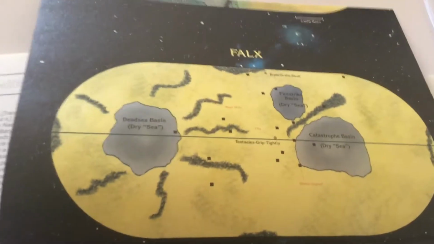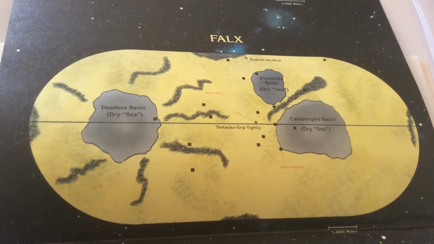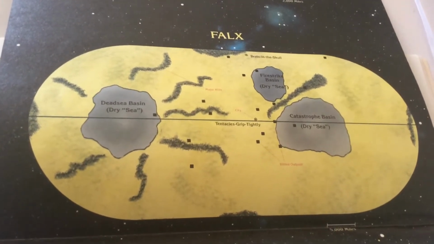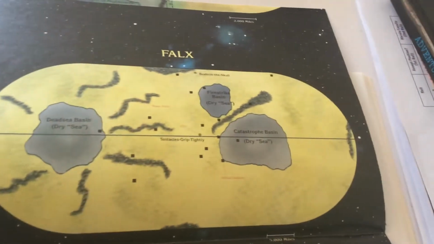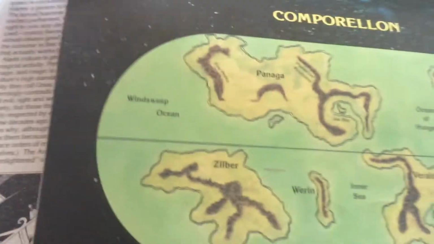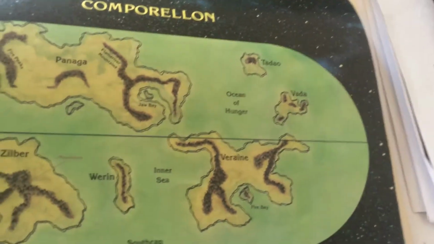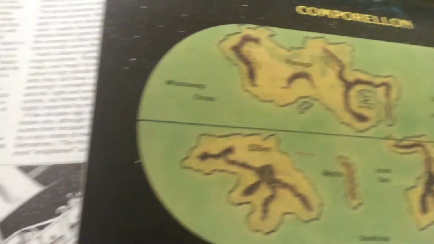But, here's another one. Okay, so there is a color map to go with some of these. So, this one is a very hot desert world with no liquid water. This one is a more, continents and sea, pretty ordinary.